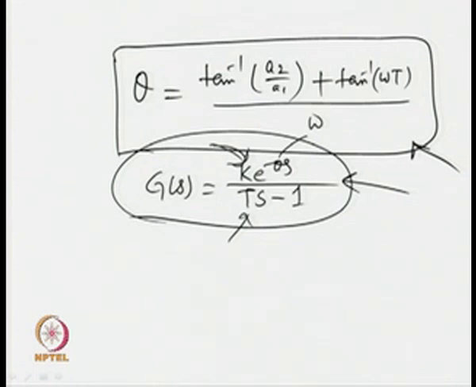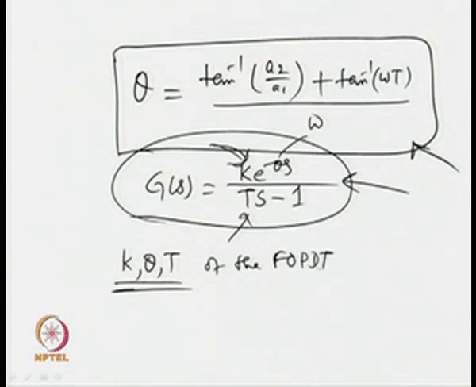So, this is the procedure that will enable you to estimate all the unknowns associated with the transfer function model. So, k, theta, t of the first order plus dead time transfer function model can be estimated in this way.